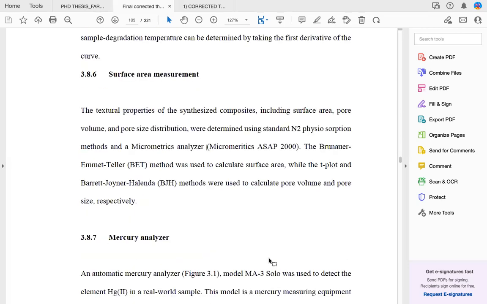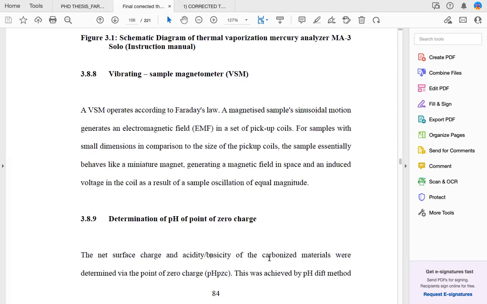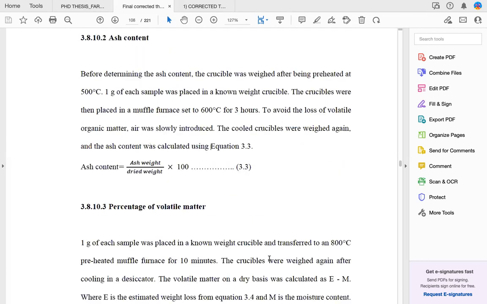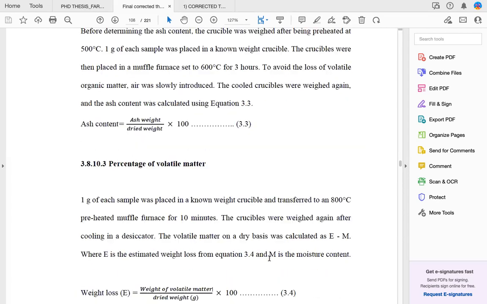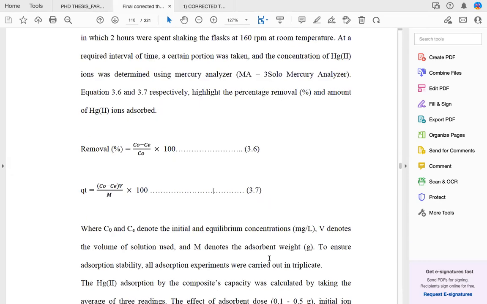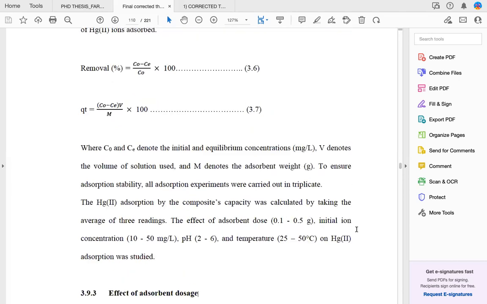Moisture content. So let's say you have some calculation.